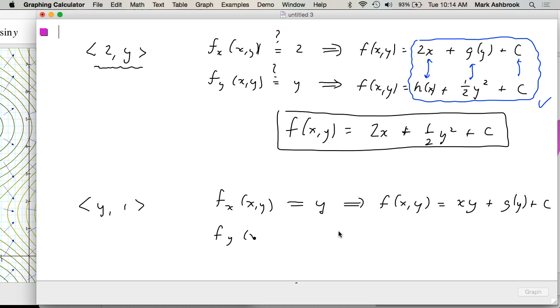And if the partial with respect to y is 1, then we get another view of that same function. We're trying to write the same function based on the two different pieces of information. We potentially have a function of x plus y plus c. So, can we resolve these to be the same function? Can we write a function that fits exactly this form and also fits exactly that form? No.